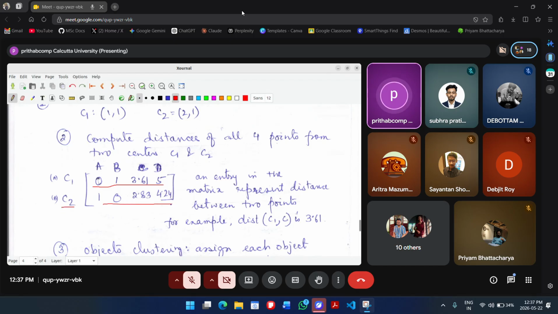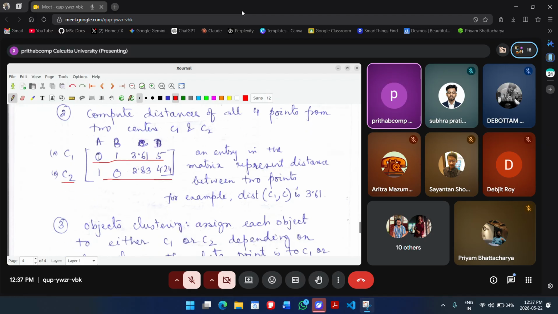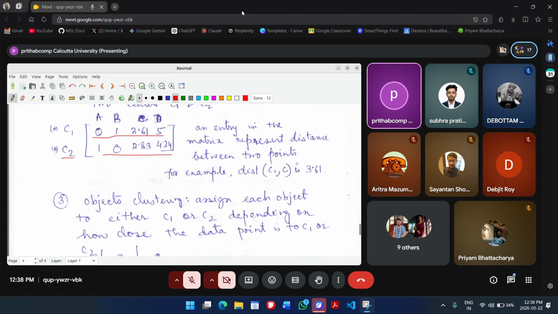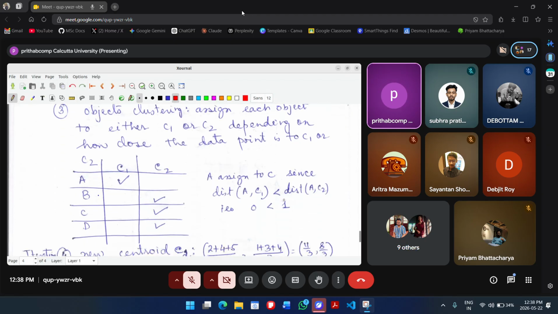Since C is closer to C2, I assign C to C2, and D is also assigned to C2. So C1 has A, and all 3 others are assigned to C2.